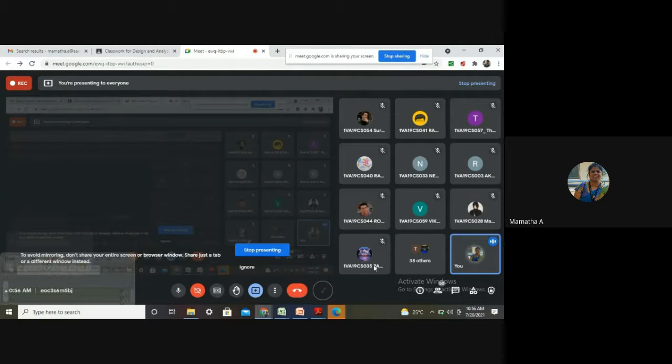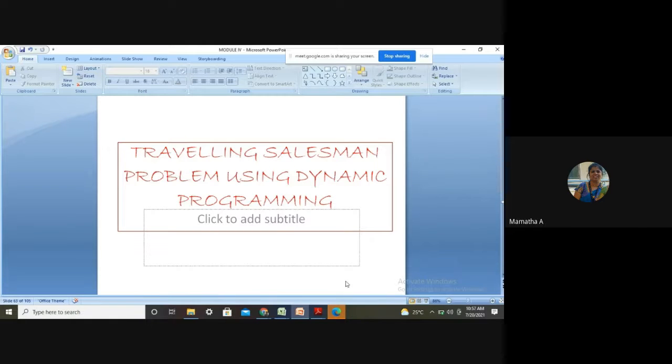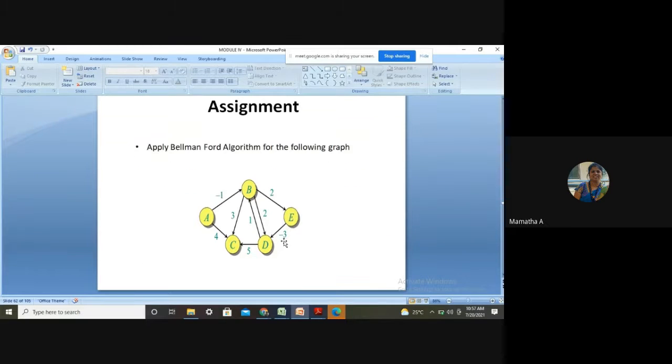But most of the time, if they don't specify the source vertex, you usually select the first vertex as the source. So just follow that. In the example, I have not specified any source vertex, so you can take A itself as the source.